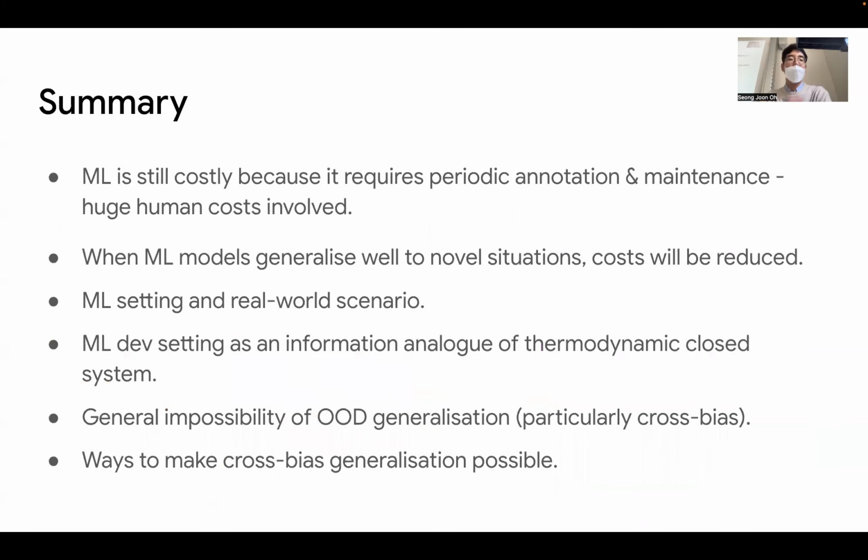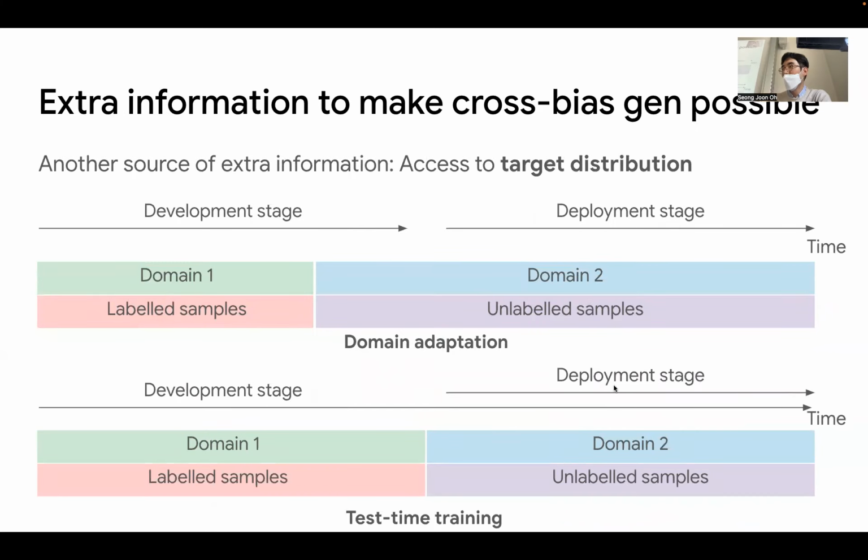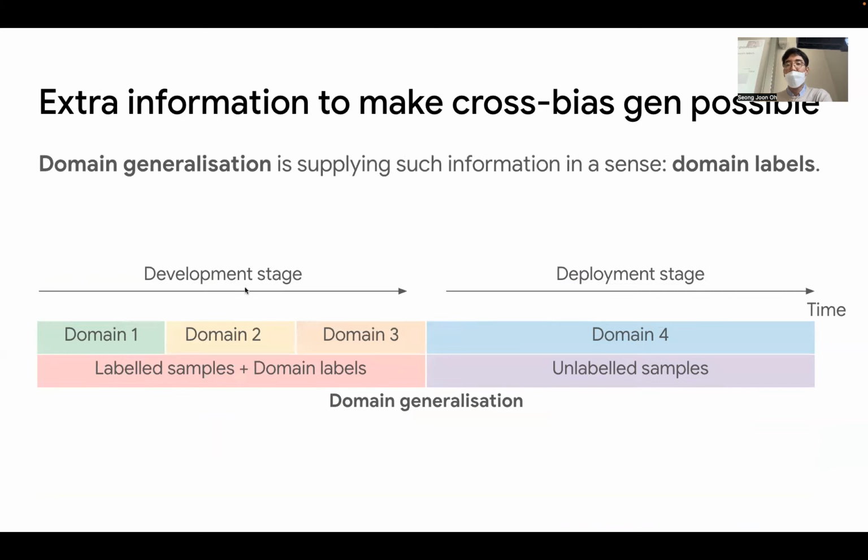Okay, that's it for today. Next time, I'm going to talk more about the exact methodologies people use in those cases: when the domain label is available or the target distribution is available, what kind of methodologies have people developed for each case, and what's the core intuition there?